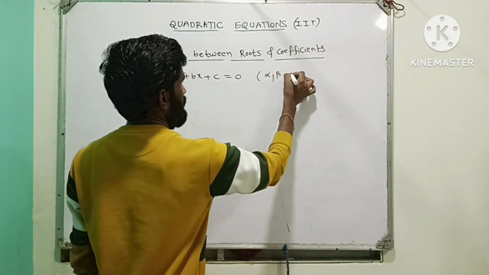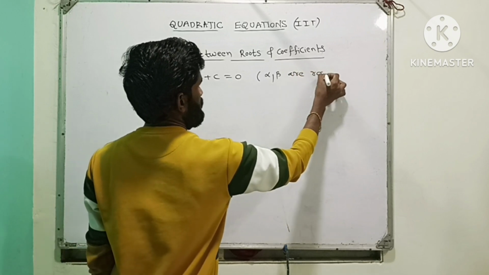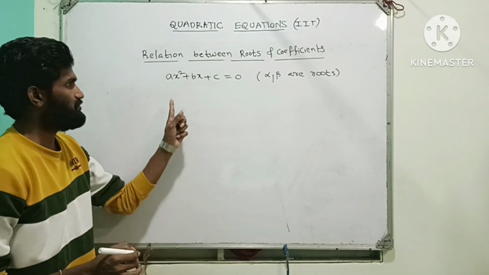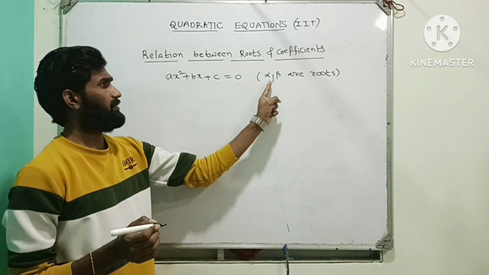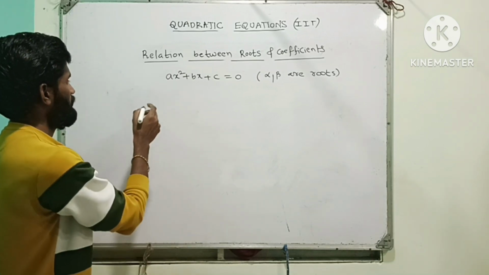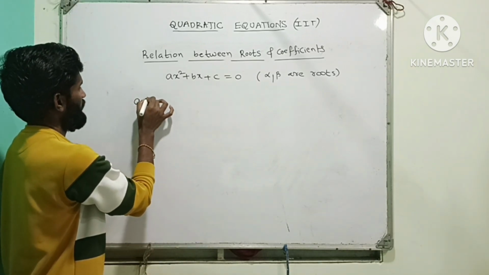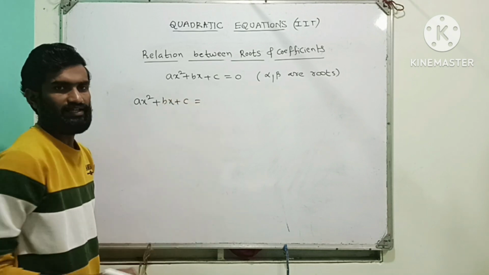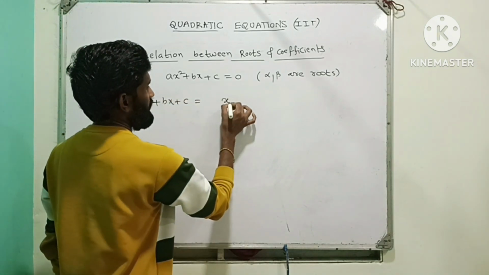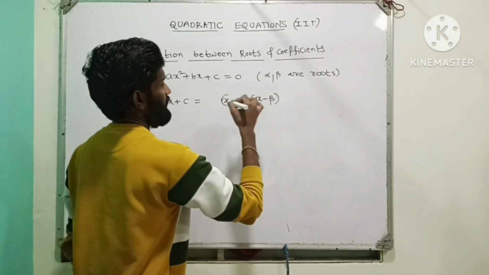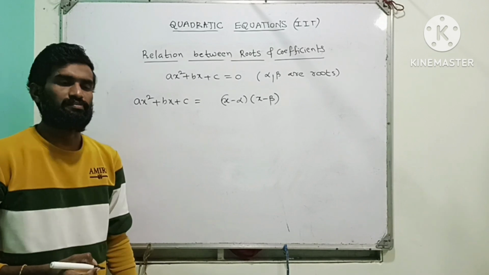Now just observe here. If alpha comma beta are the roots, we can rewrite ax square plus bx plus c as x minus alpha into x minus beta.